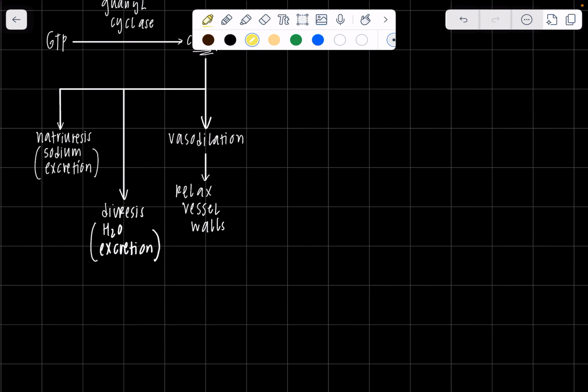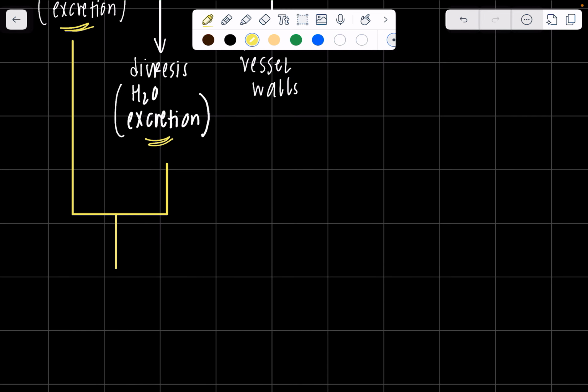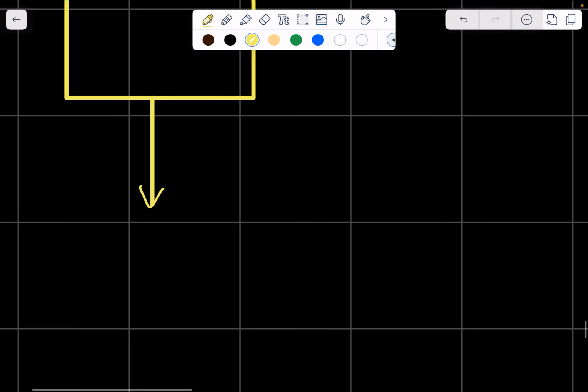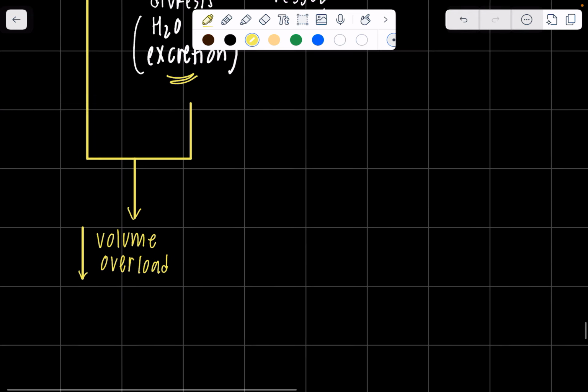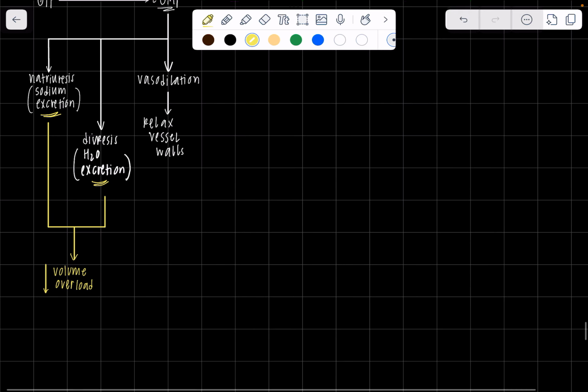So with us excreting both sodium and water, we are getting rid of that volume from our body. So getting rid of that volume allows us to decrease the overall volume overload that we were once having to deal with. The other cool thing is this relaxation, this vasodilation.